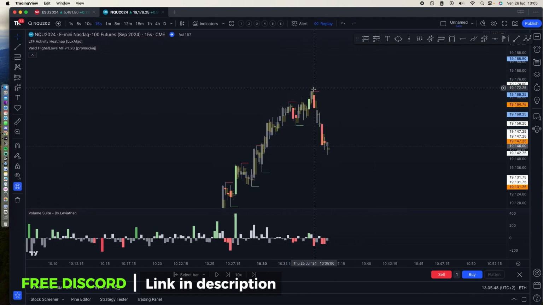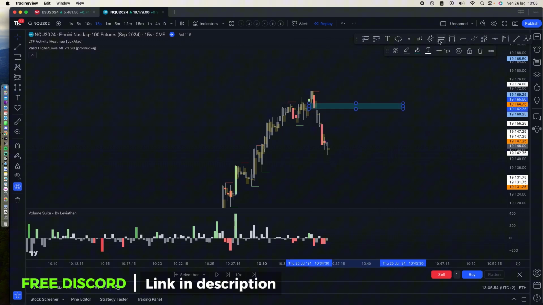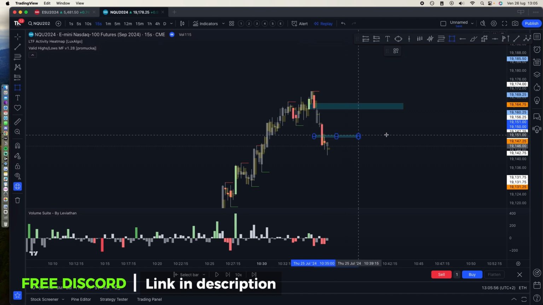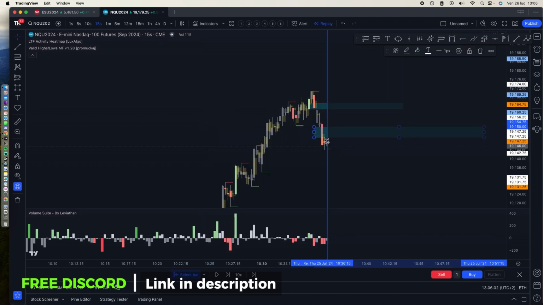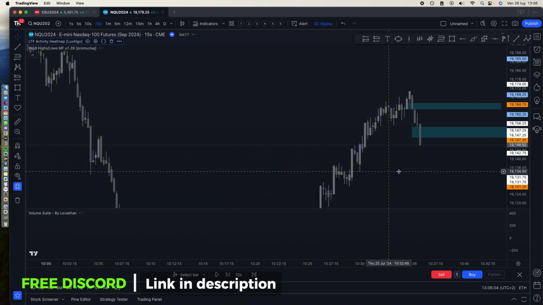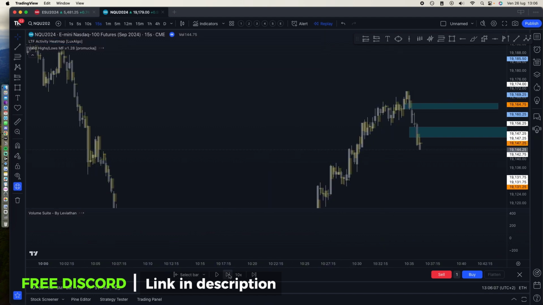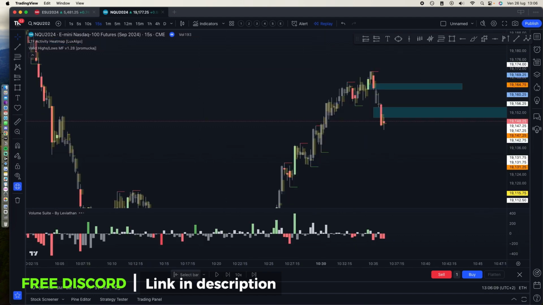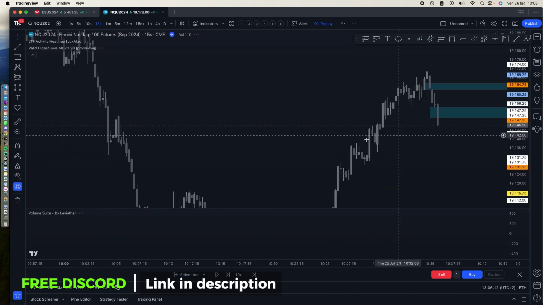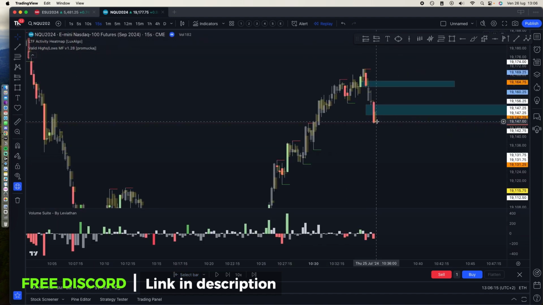So this is a particular one. Why? Because we have one fair value gap here and one fair value gap here, which we don't know at the beginning, because we are here, and we have our yellow zone to trigger.